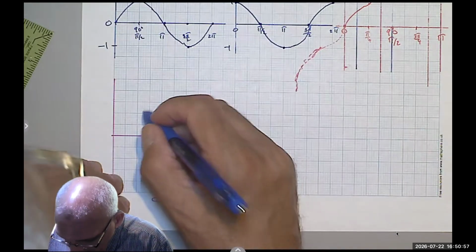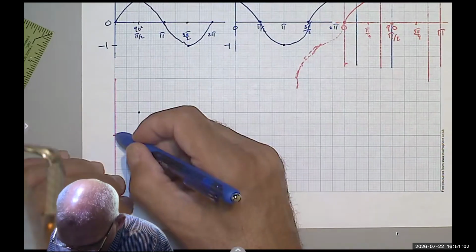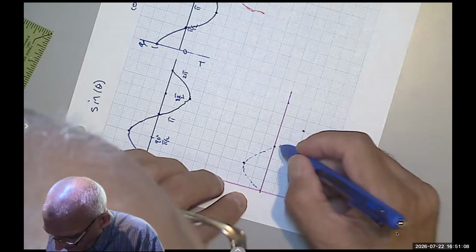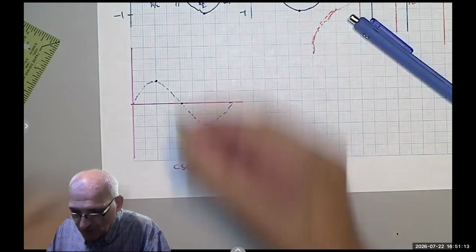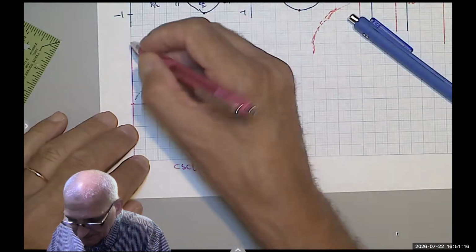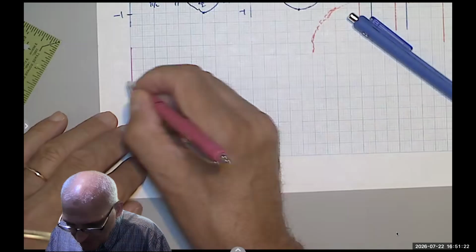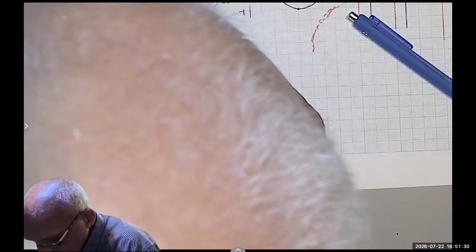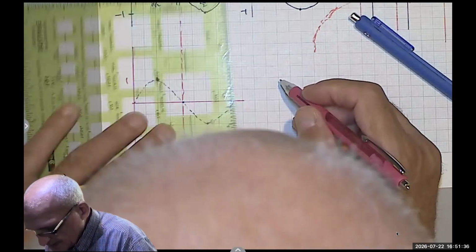So here is 1, that should be 0, that should be negative 1, and that should be 0. The cosecant goes to positive infinity here, at 1 here, because 1 divided by 1 is 1, and then to infinity again here. So this would be an asymptote like that, and this would be an asymptote.